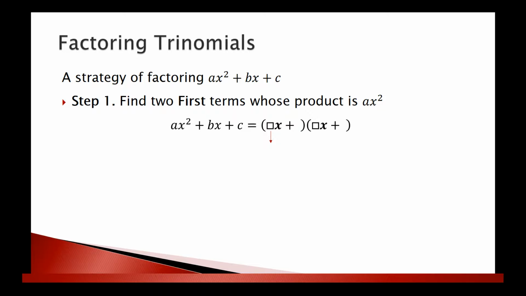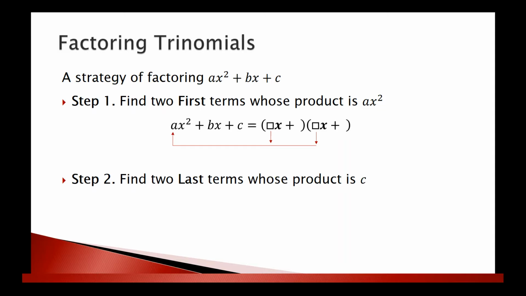That means the product of the coefficients of these is equal to a. And our second step is to find two last terms whose product is c. So that means we need to find this box and this box, and the product of these should be equal to c.